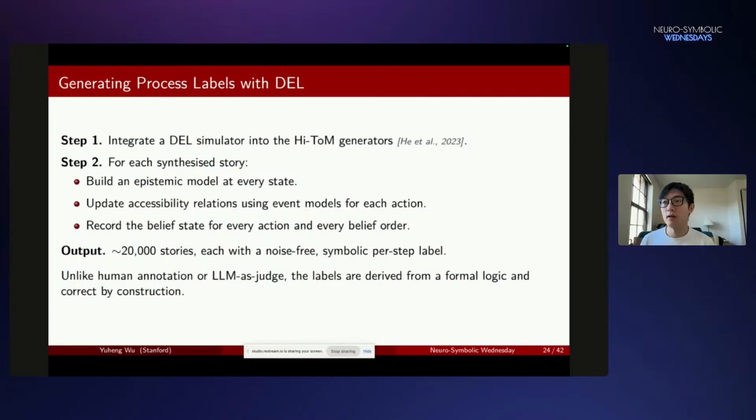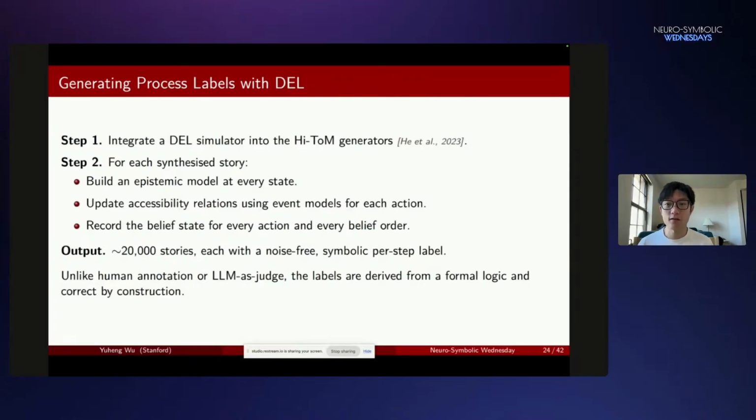But in this framework, there is no formal logic trace tracker, and no way to get the intermediate result for the belief update. So now we integrate this formal logic system into this generator.